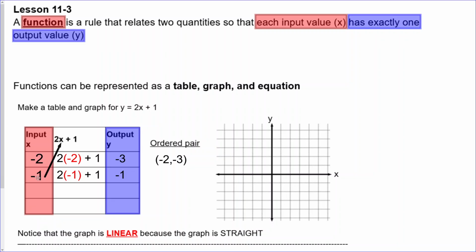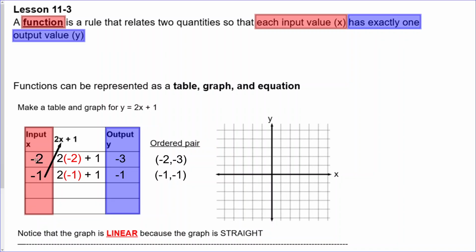And so we could take our input and our output and set them off to the side as an ordered pair. If we looked back to the definition, each x value has exactly one y value. And what that means is that if I put a -1 in right here on this row for the input, I'm still going to get the same answer, -1.